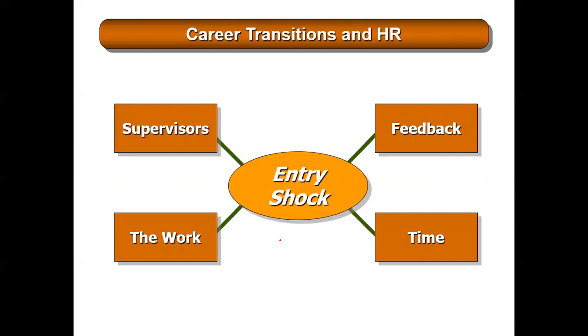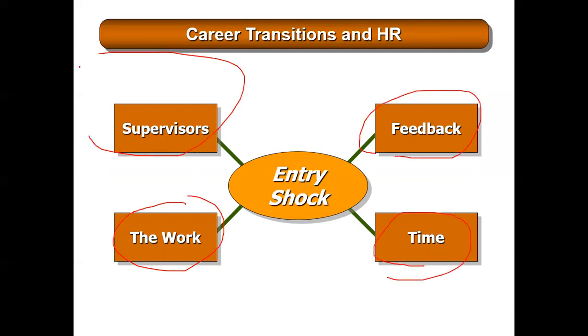Then we have career transitions. Now when we talk about career transitions, it happens based on what? It happens based on the supervisors, the work you are involved in, the time, and the feedback. Maybe you are being advised to look for a change, the time is right, the type of work, and this is based on the feedback.